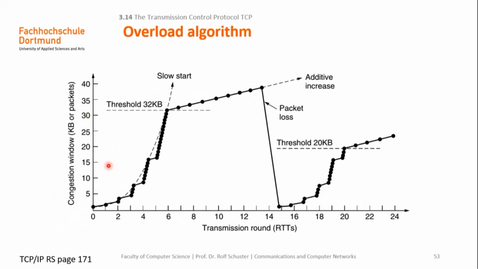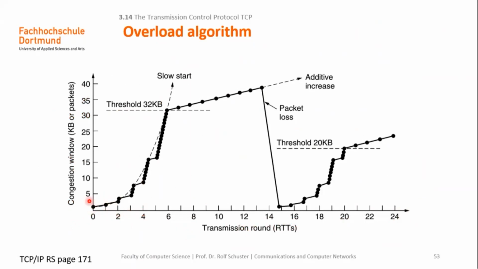And this is in fact the evolution of the window size. On the x-axis we have the time, in round trip time units: 1 RTT, 2 RTTs, 3 RTTs, 4 RTTs.